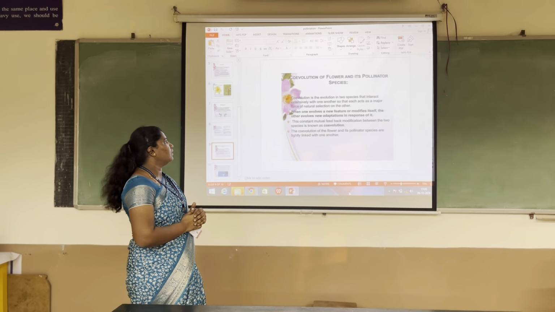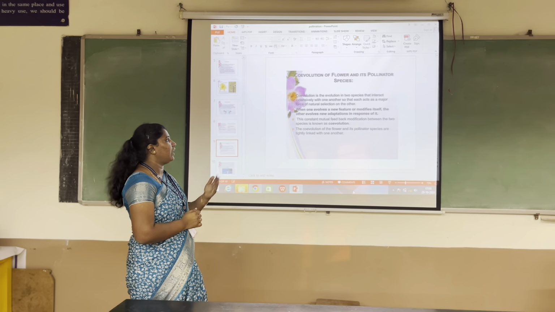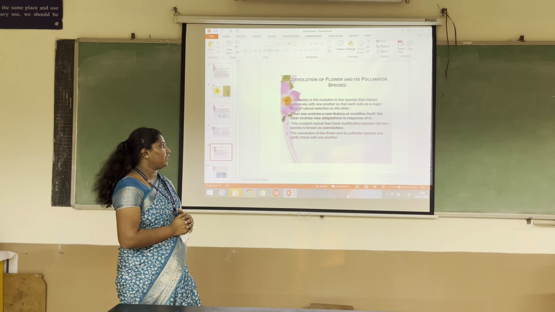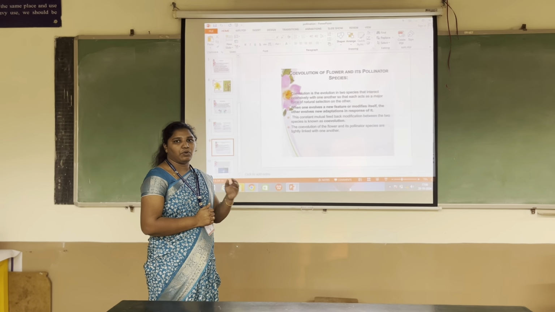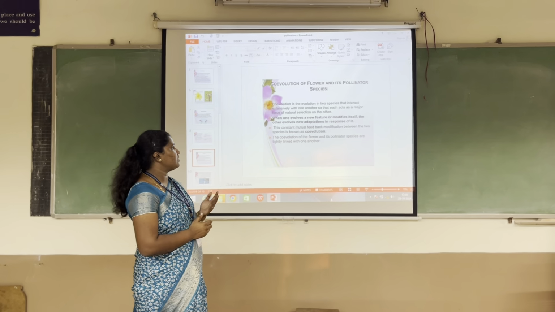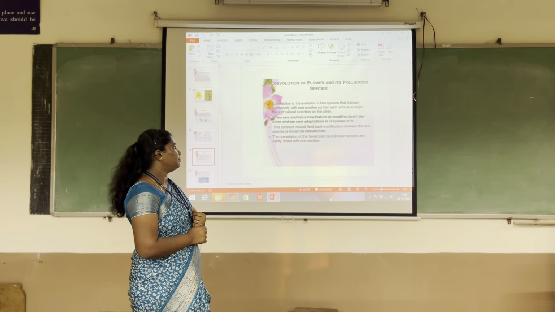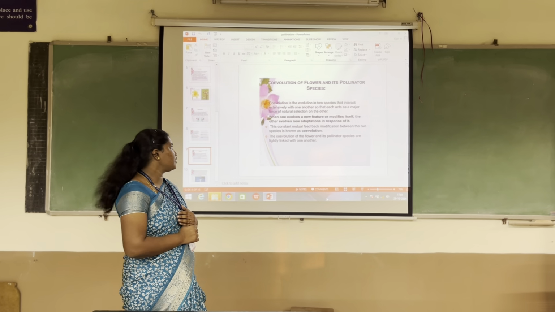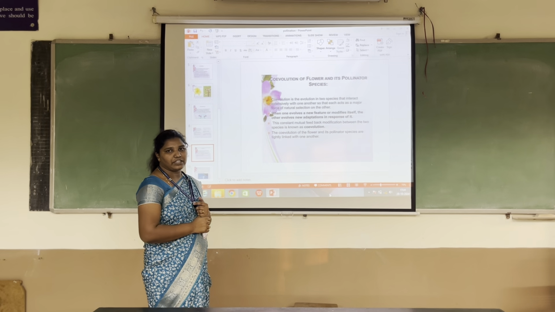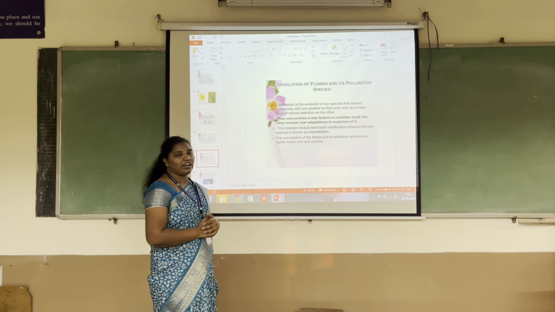Now let us learn about the co-evolution of a flower and its pollinator species, meaning how the pollinating agent and the flower can evolve over many generations. Co-evolution is the evolution of two species that interact extensively with one another, so that each acts as a major source of natural selection on the other.